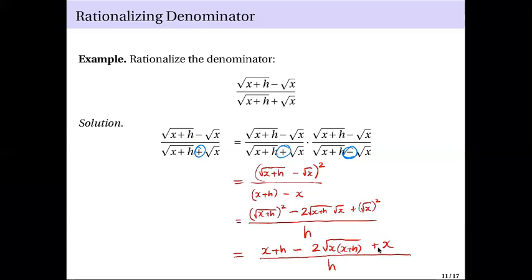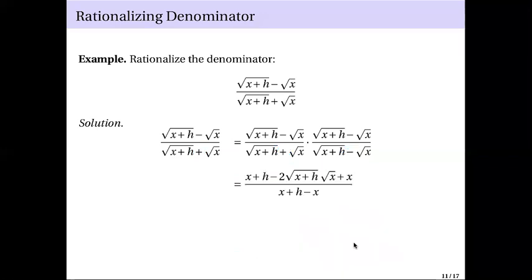And you can combine x plus x, that's your 2x. Then you have the plus h minus 2 square root of this guy here. So, we have this guy, okay? And then simplifying, we'll get this final expression. Okay?